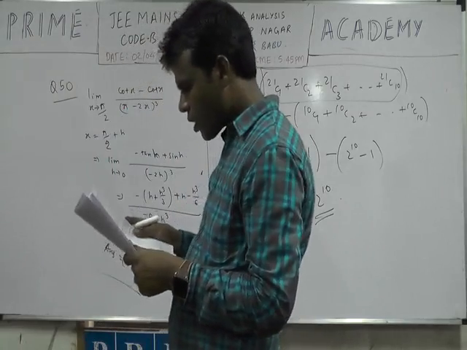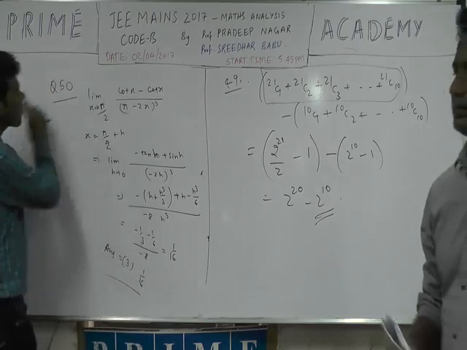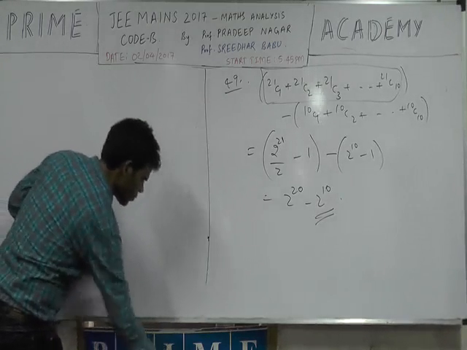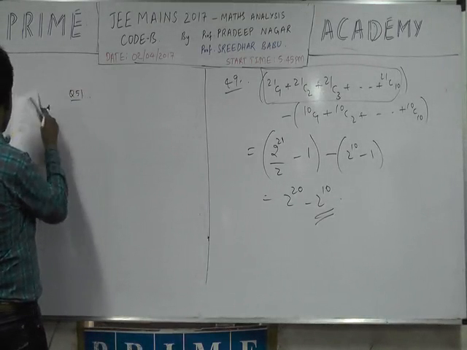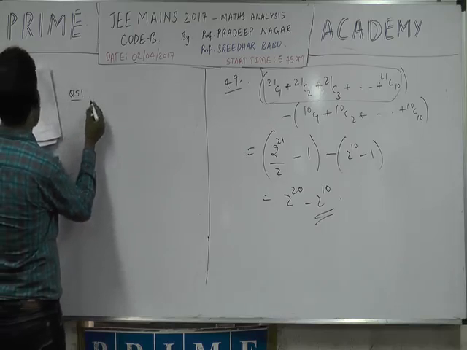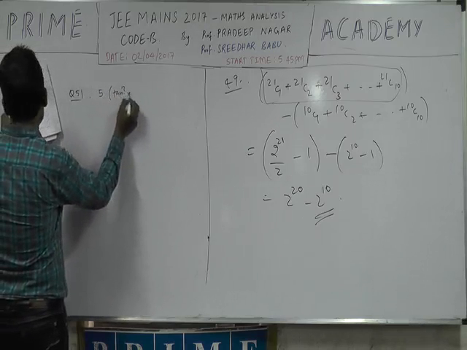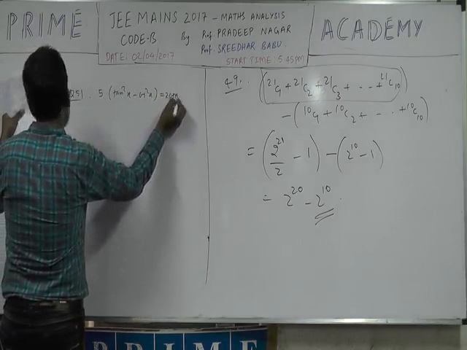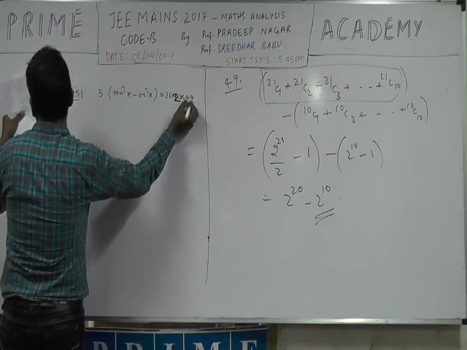Okay, next question is question number 51. In question number 51, they have given that 5 times tan square x minus cos square x equals 2 cos 2x plus 9.